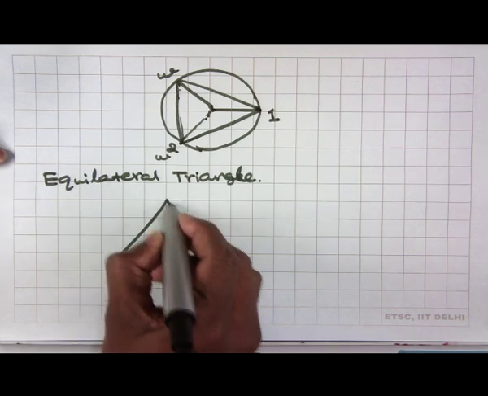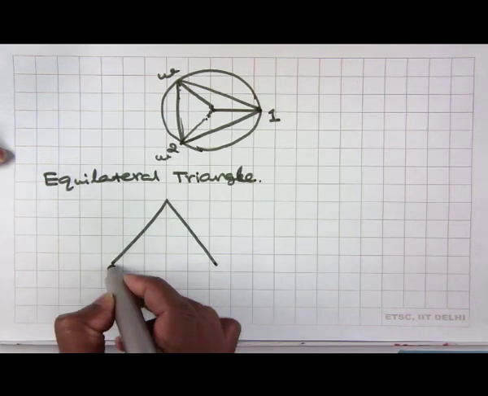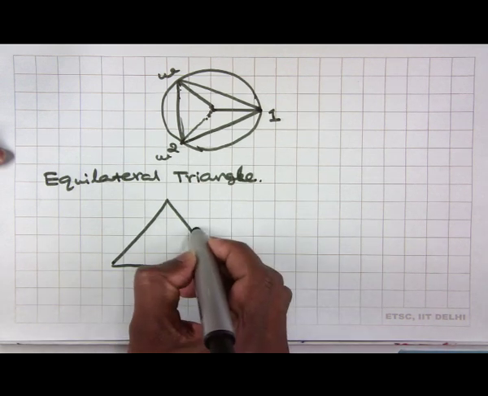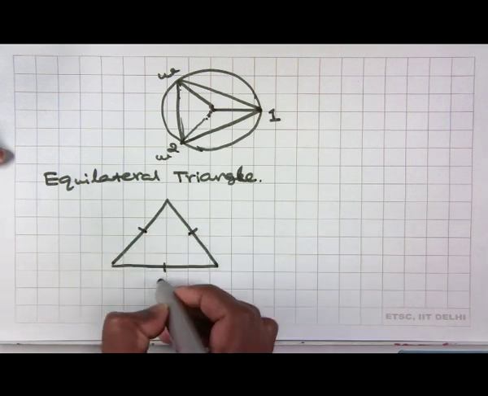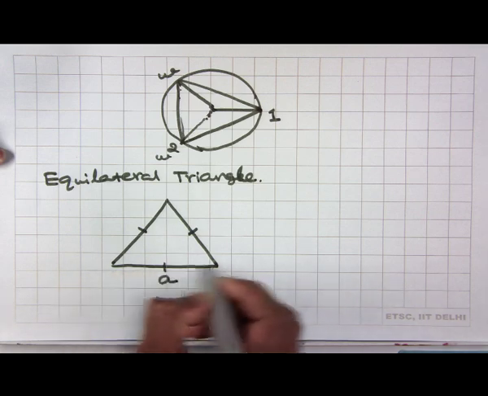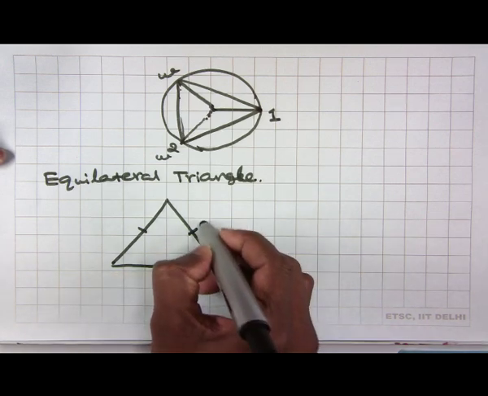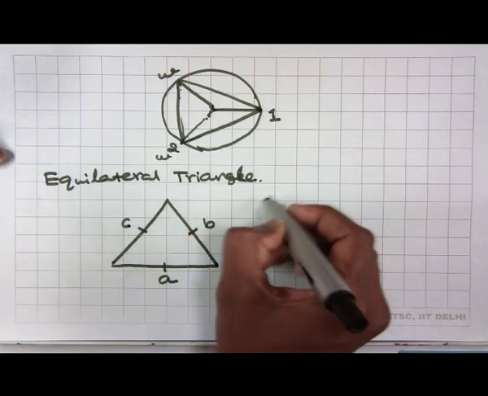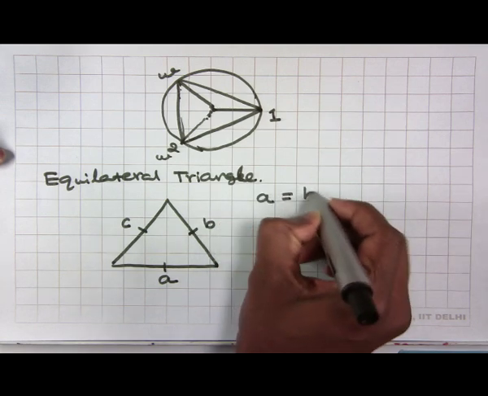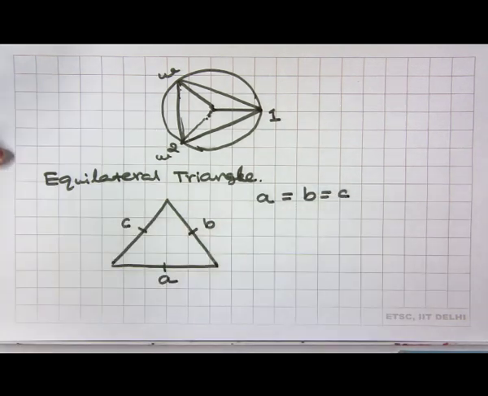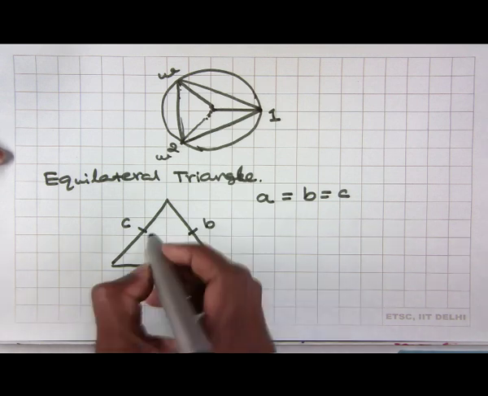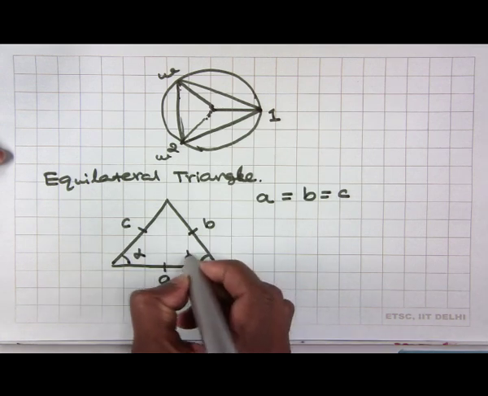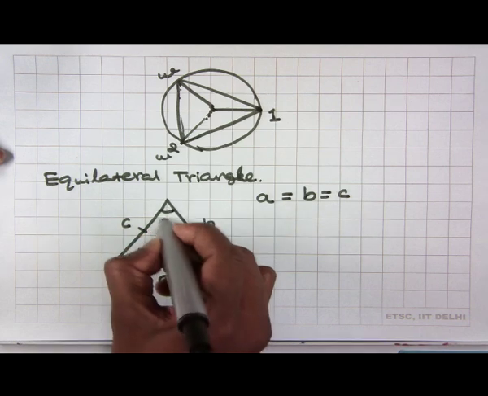A triangle with all sides equal, say the length of one side is A and the other length is B, and if it is equilateral then all sides are equal, and also all angles are equal.